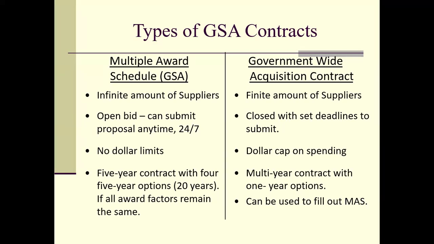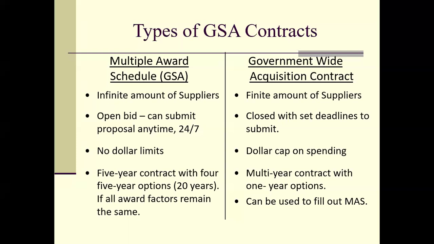The other side is the government-wide acquisition contracts, or GWACs. These have a limited number of suppliers. In other words, if you're familiar with 8A, in this case the GWAC, which is 8A, there's an actual position for it, and they don't take everybody who applies.